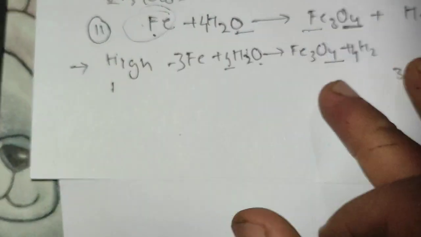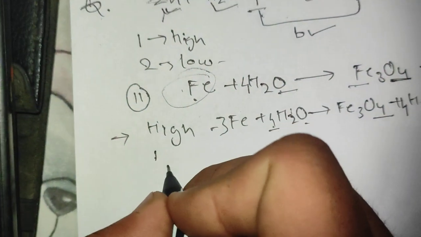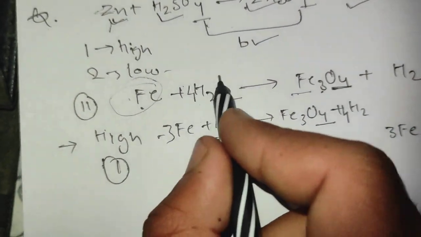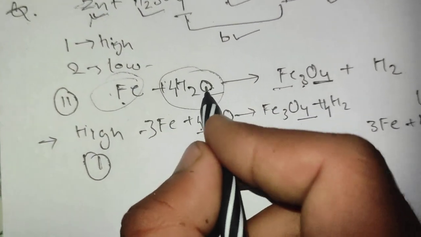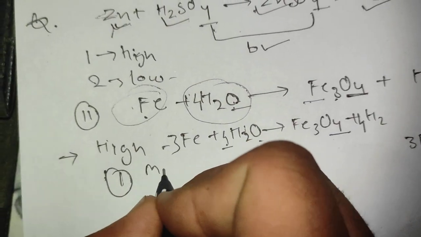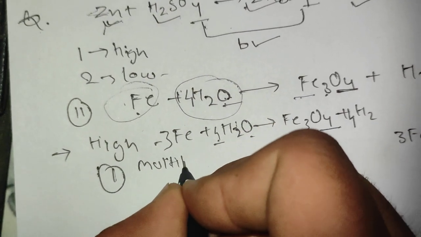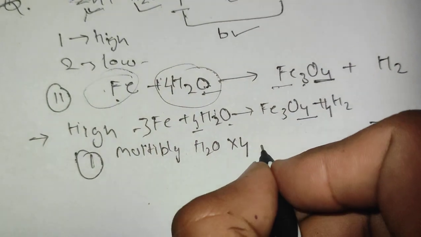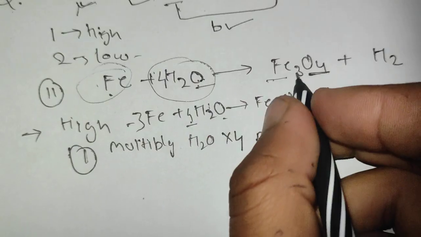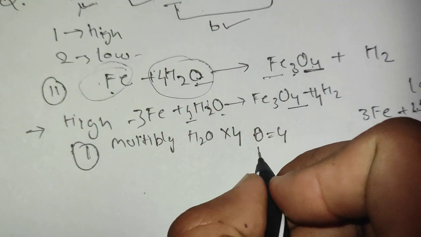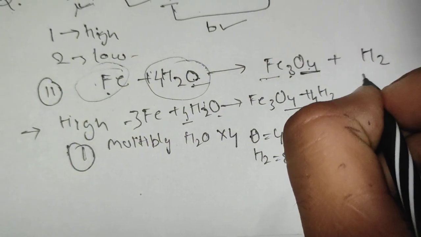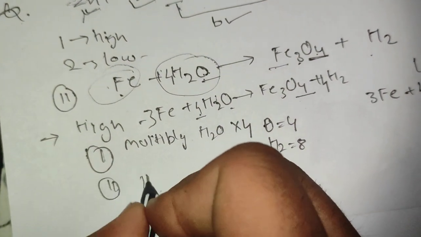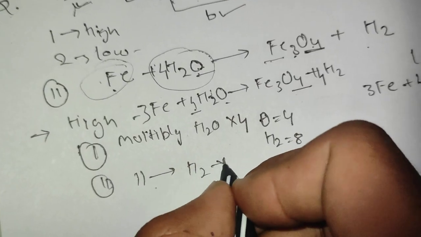Basically the first step is to check for the higher element. The higher element is oxygen. Oxygen is 4, so first we multiply H2O by 4. Here we get oxygen 4 and there oxygen is 4, but hydrogen now becomes 8 and there hydrogen is 2. So next we multiply hydrogen by 4.